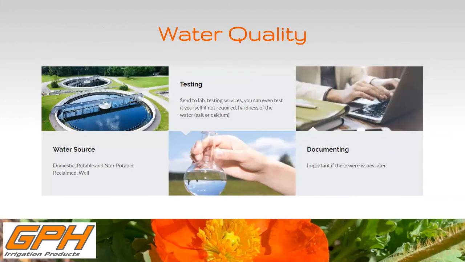The other issue, it's not an issue at all, is that we need water, but we need to look at the water in regards to what we're using. Are we using domestic, potable, non-potable, reclaimed, or well? Lately, I have been seeing a lot more reclaimed and a lot more well. When using these two types of water sources, you need to consider different things with drip. With reclaimed, manufacturers make a reclaimed version, so you can get product in the designated purple reclaimed color.